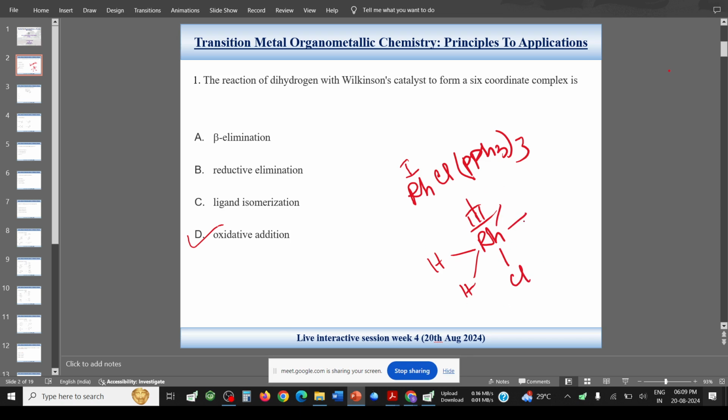So this will be coordination number 6. So coordination number 4 to 6 is the oxidative addition reaction with the increase of oxidation number from 1 to 3. So the addition of dihydrogen in the Wilkinson catalyst to form a 6 coordinated complex is the oxidative addition.